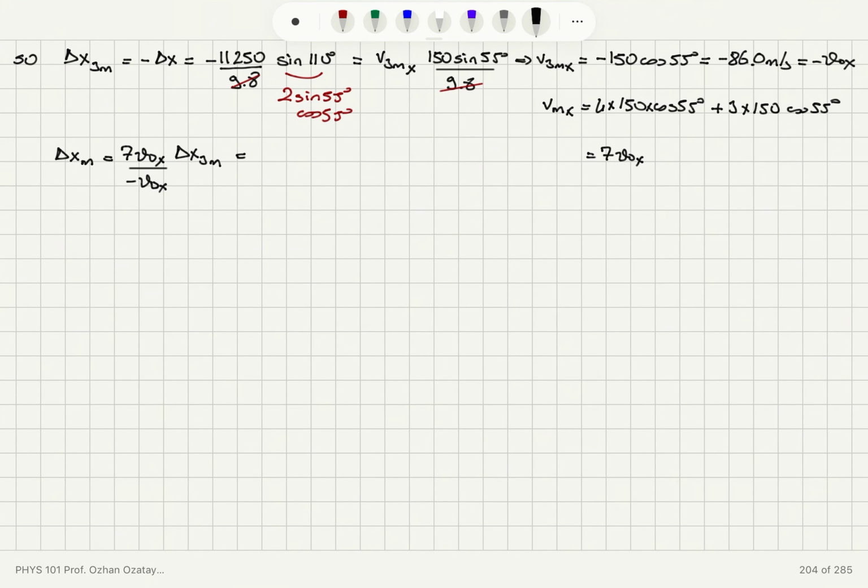So this gives us 7 times 11,250 divided by 9.8 sine 110, and that is equal to 7,550 meters from the point of explosion.